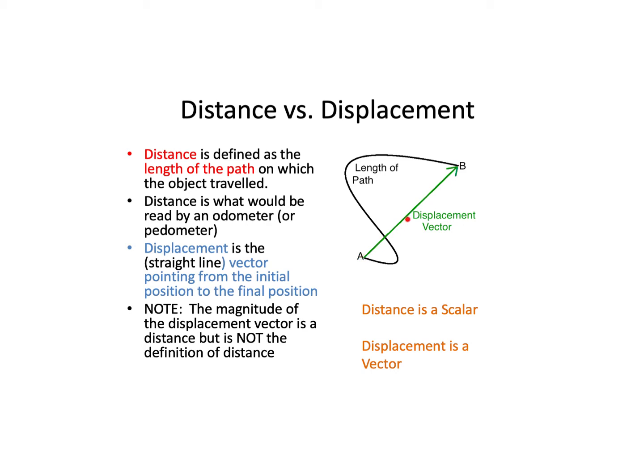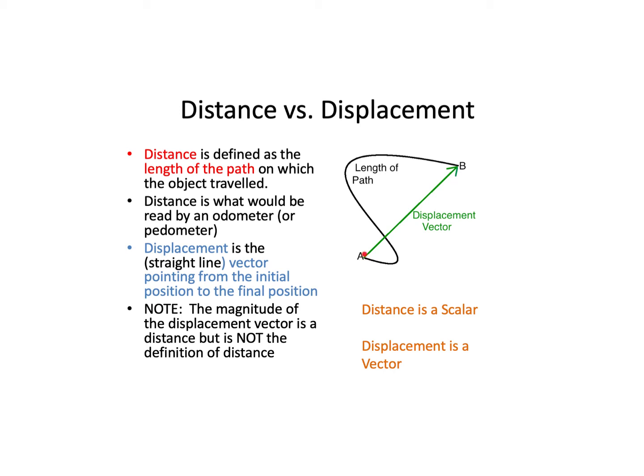And so displacement is actually a vector quantity. Distance, the length of the path, that's just a number, how many miles your odometer reads. So that's what we call a scalar. Displacement is what we call a vector. And remember, because displacement is a vector, its direction absolutely matters.